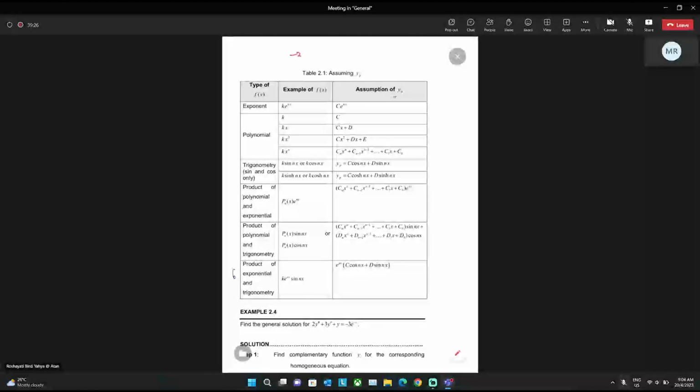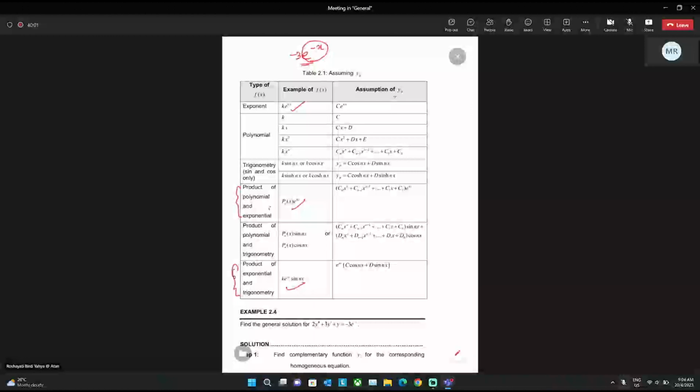You have negative 3 exponential negative x. The main point you can refer to here is exponential, so the type of f(x) is exponent. Then you have the type of product of polynomial and exponential, and the product of exponential and trigo.